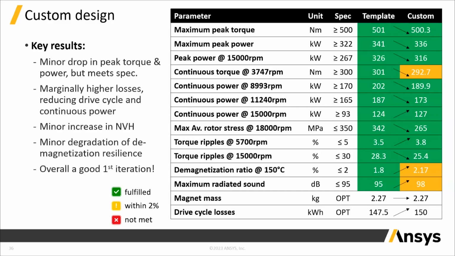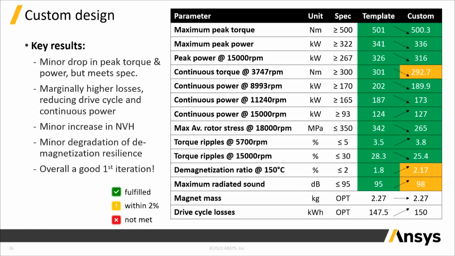So yes, we can see a little drop in peak torque and power, but it still meets specification. Slightly higher losses, likely on the rotor, so that's changing the thermal behavior a little bit. A small increase in noise vibration harshness, but probably the biggest difference comes down to the demagnetization resilience. So we have a bit of a degradation.